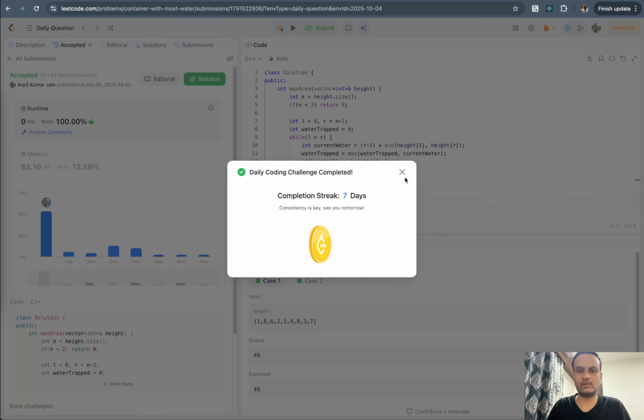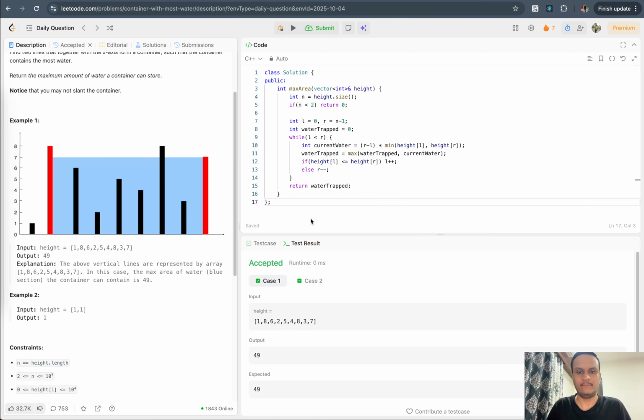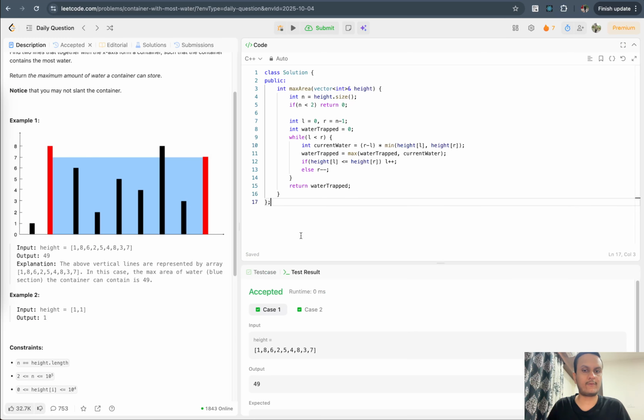Yeah, so this solution is accepted. The brute force approach for this problem would be an n square solution, where we would run i comma j over each and every location and find how much water is trapped, so that will be n square.